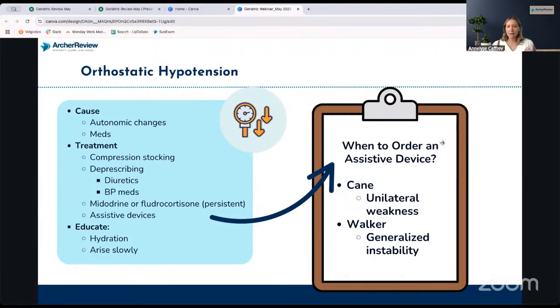Best fix for that is going to be hydration and then educating them to rise very slowly. And then maybe we need to reduce their blood pressure meds. A lot of people have been on their blood pressure meds since they were in their 40s to manage high blood pressure. And at this age, they don't need to be on that many medications at that high of a dose. And we can often cut back, deprescribe a lot of those blood pressure meds, still keep their blood pressure in a good range, but reduce that risk of falls.